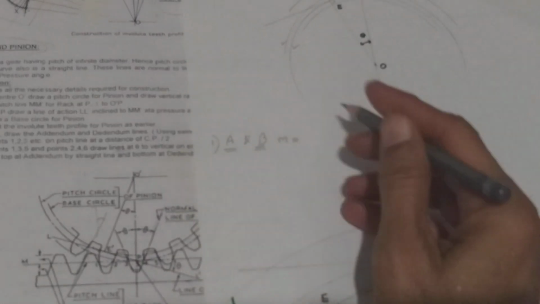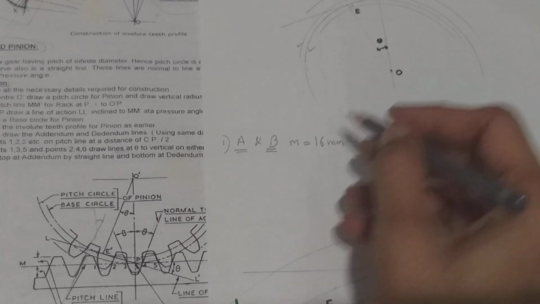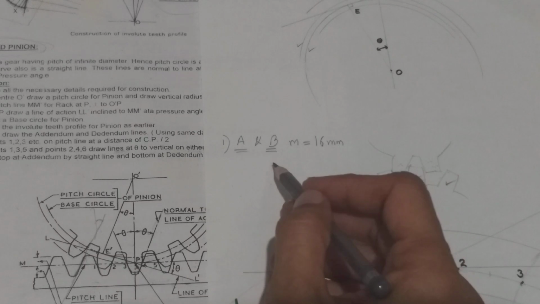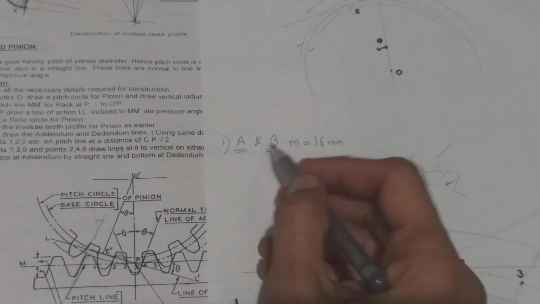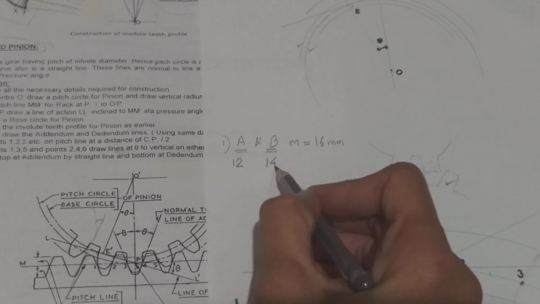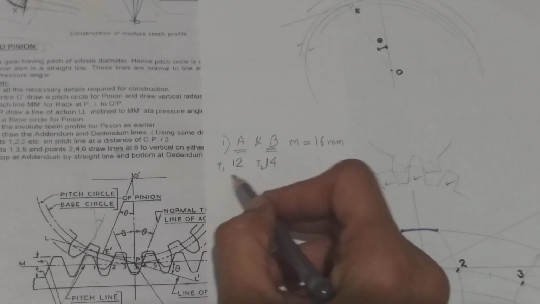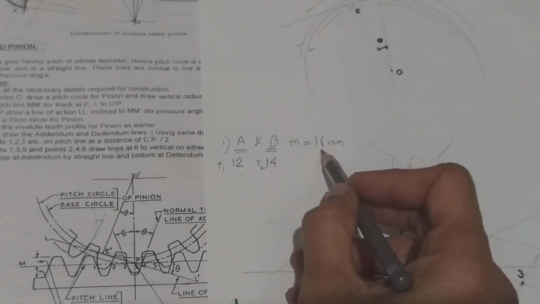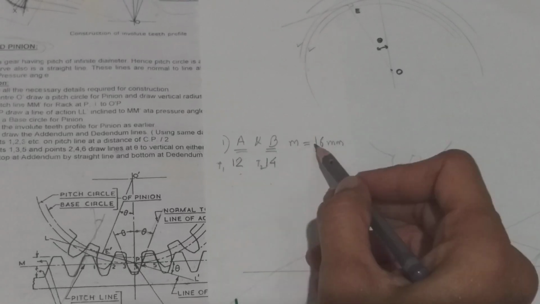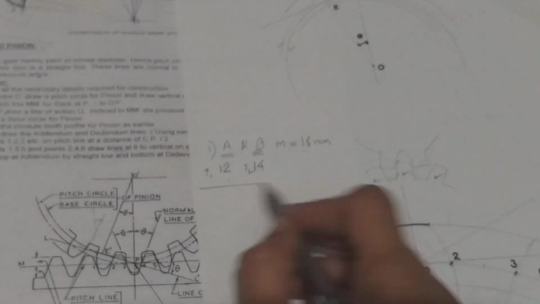I am giving you the module as 16 mm, and the number of teeth on these two gears I will give, say, 12 teeth on this and 14 teeth on this. So this is T1, T2. So the exercise is T1 12, T2 14, module 16. Making use of these figures, you can draw the pitch circle diameters, and you can start working and draw this mesh.